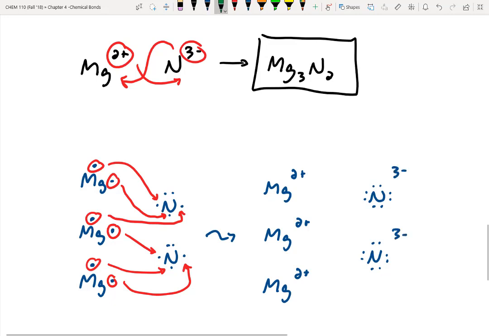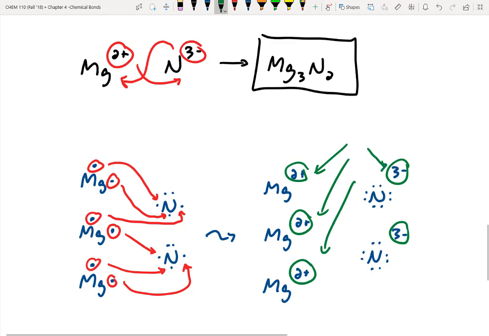And just like I said before, if we think about our cations, the net charge for all of these is +6. And the net charge of all of our anions is -6. So all of these cancel. Does that make sense?